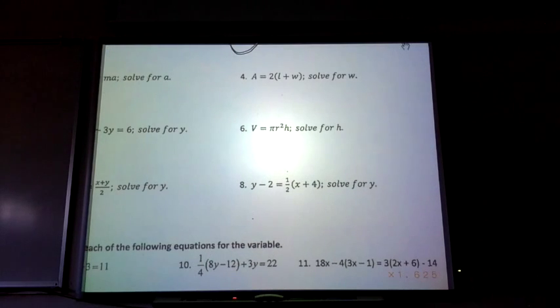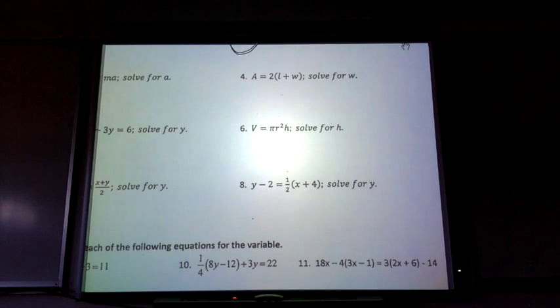Problem number 4. We have A equals 2 and then parentheses L plus W. So I guess you could distribute the 2 over the L plus W, to get A equals 2L plus 2W if you wanted to. How are L and W related to 2?